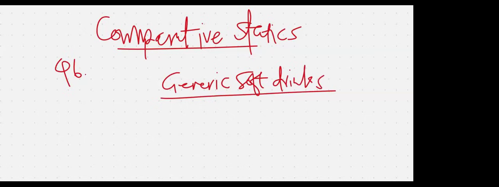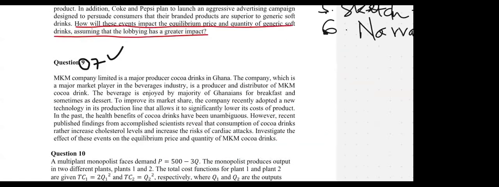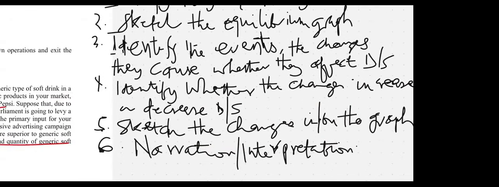Generic soft drink. That's a good. Let me check. Yeah, generic soft drink. So I'm done with the first step. Please follow. If you're able to master it, the steps are quite many because I'll be explaining them. That is the reason why there are many. But if you master how I'm going to do it, it is so easy.